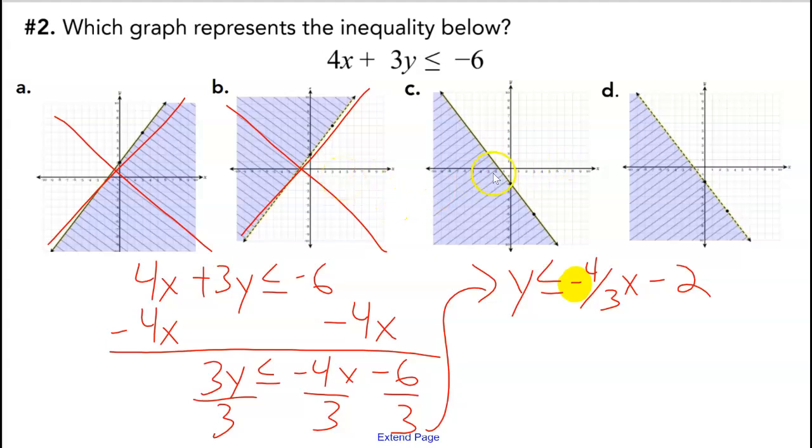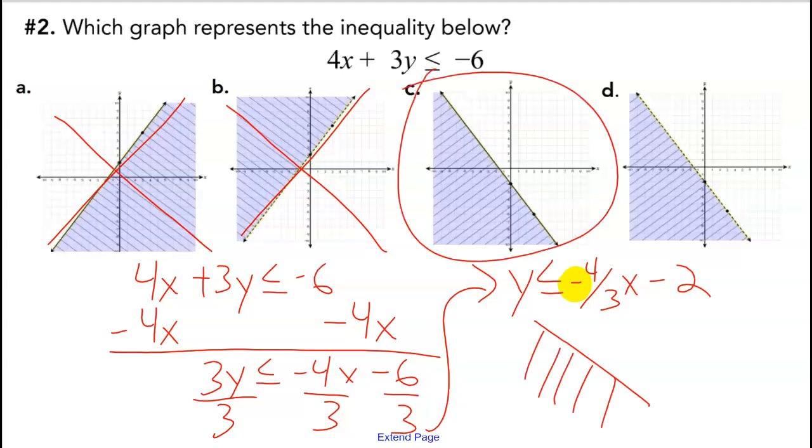Now you know it's between C and D. Both of them are shaded below, since it's less than, but it's also equal to. So because it's equal to, we're going to use a solid line, which is C, instead of a dashed line, which is D.